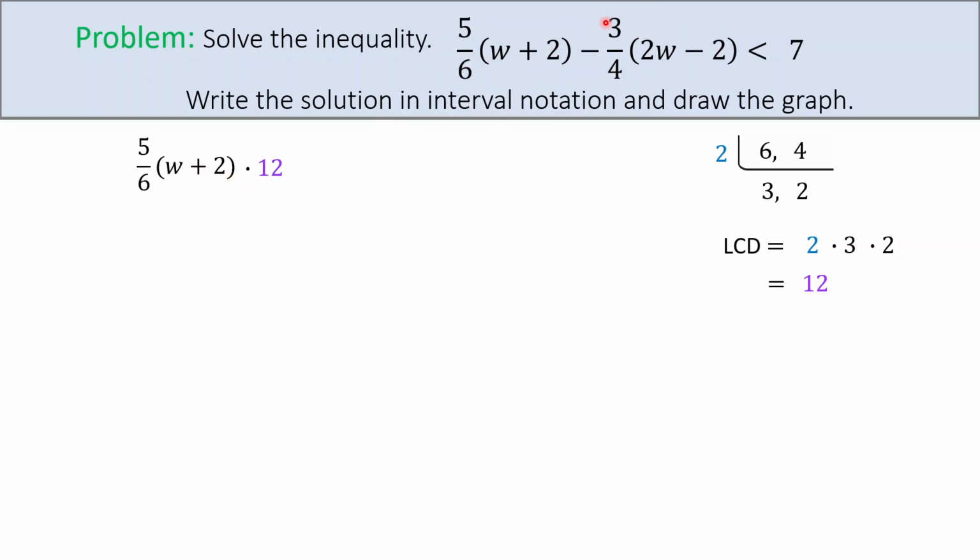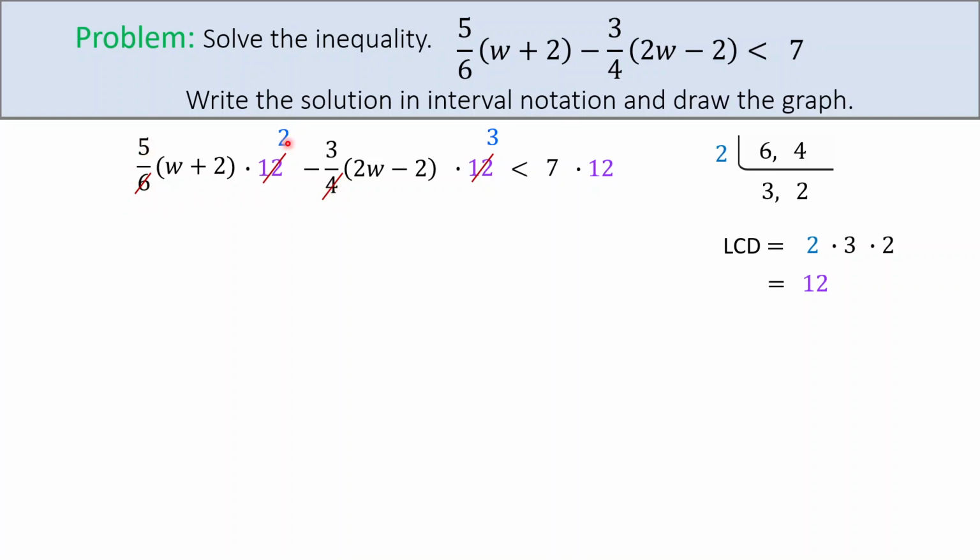Now take this term, multiply by 12. Less than, now multiply here, 7 times 12. Now you can divide 12 by 6, you get a 2. Also 12, you can divide by 4, you get a 3. So now the denominators are gone.